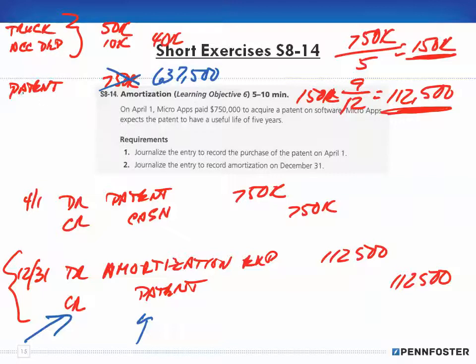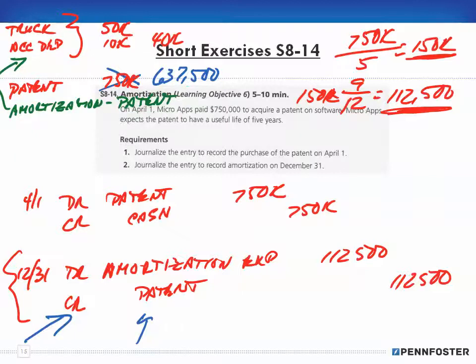So if it was my set of books, I would actually have amortization patent as a general ledger account. It would be a contra account, just the same as the accumulated depreciation would be a contra account to the truck.